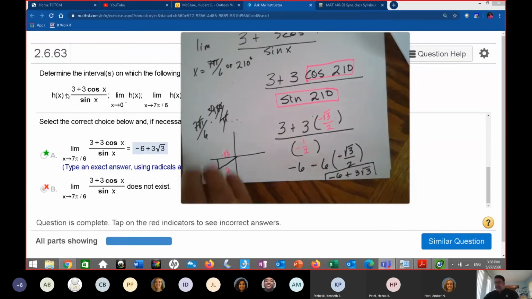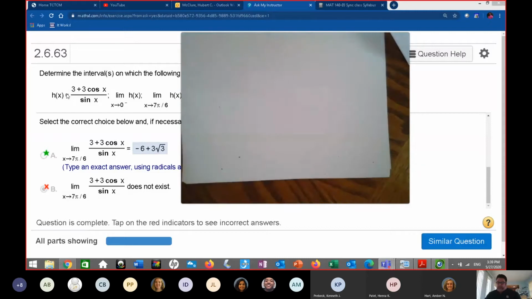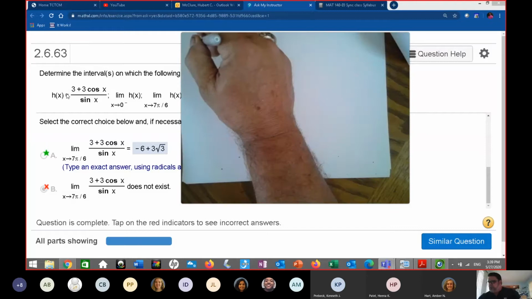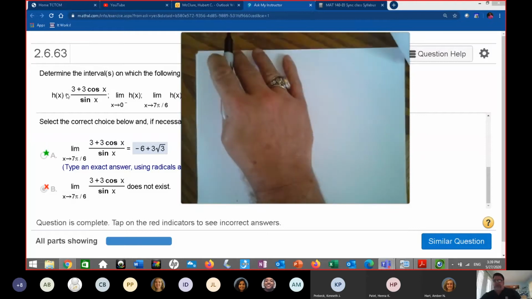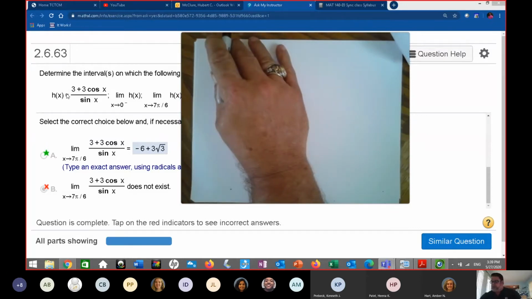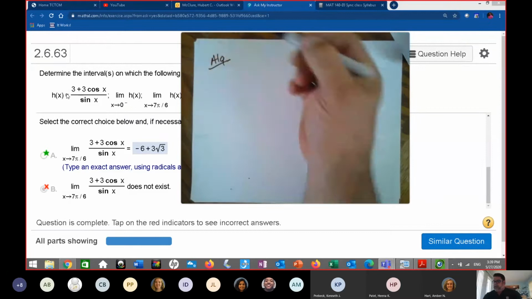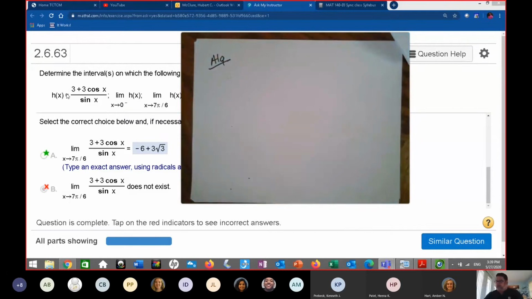But let me give you a reason. When you're talking about trig, Miss Sterling, this is what we're talking about with rationalizing, algebra. Algebra is when we rationalize the denominator.